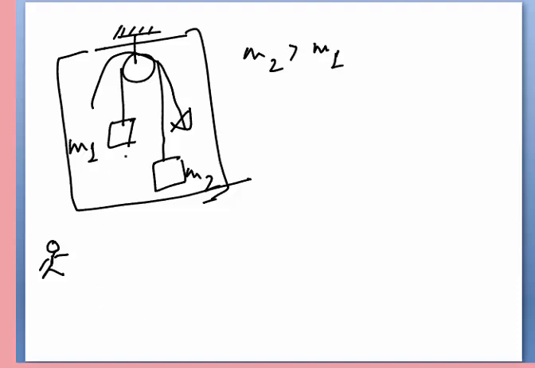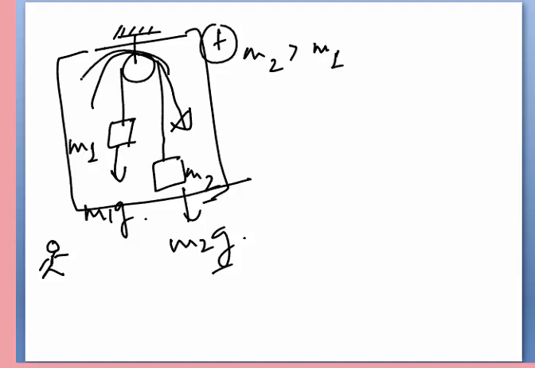So I see two forces, one M1G working in this direction and the other M2G working in this direction. The direction of the motion is clockwise, and I am assuming that acceleration in this direction will be positive, and anything in the opposite direction will be negative.